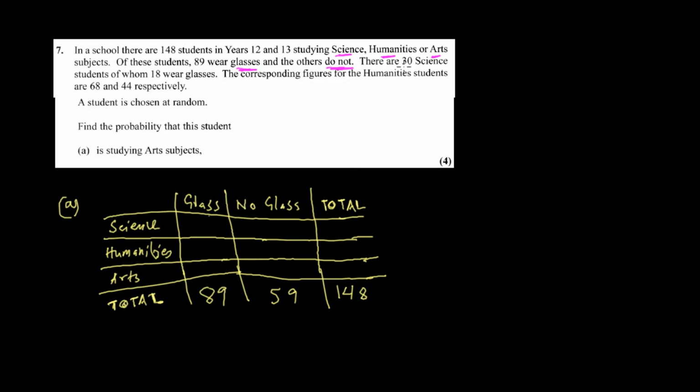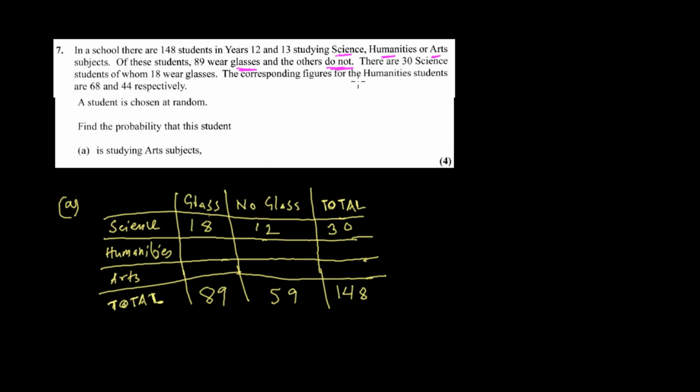So there are 30 science students. So we have altogether a total of 30 science students. Out of these 30, 18 wear glasses. So that means 12 do not wear any glasses.